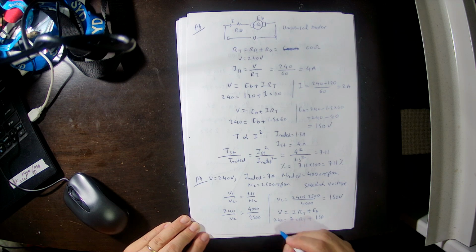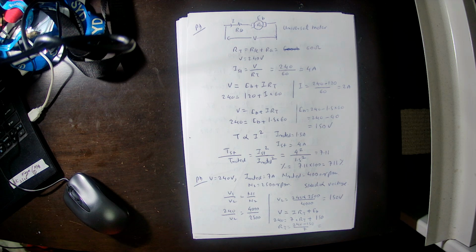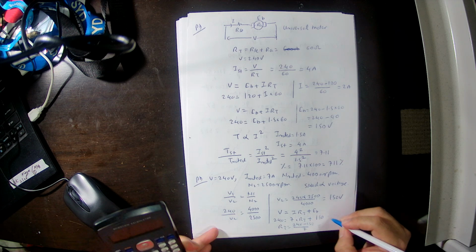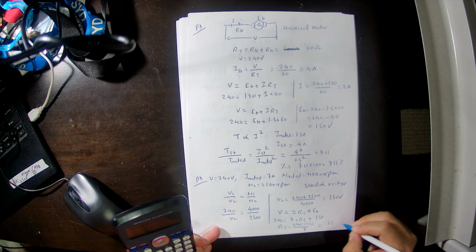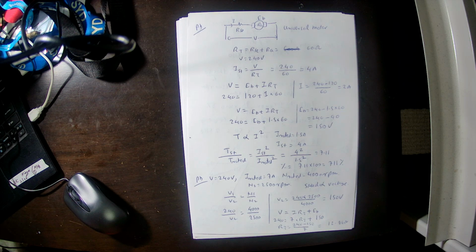So we calculate R total equal to 240 minus 150 divided by 7. So that will be 12.86. R total is 12.86 we got.